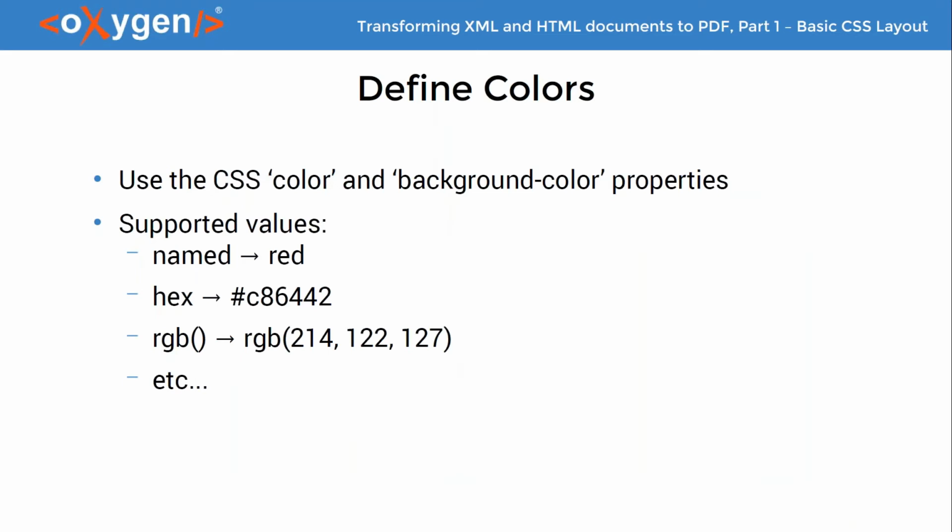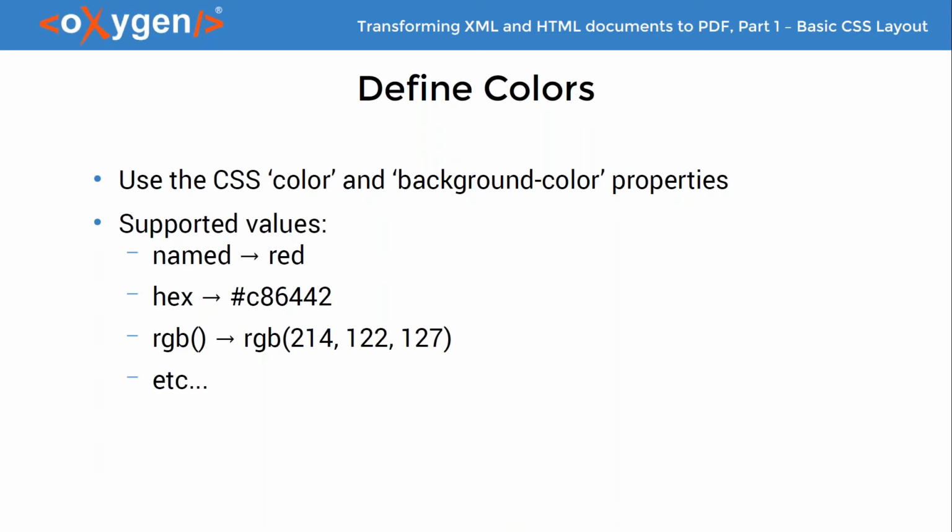So I will continue to customize my XML document. Now I can, for example, use some colors to make my titles easier to catch. The two properties I will use in this case for these examples are the color and the background color properties. Oxygen PDF Chemistry supports all kinds of values for these.